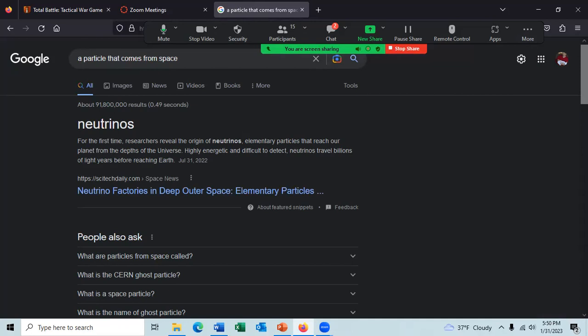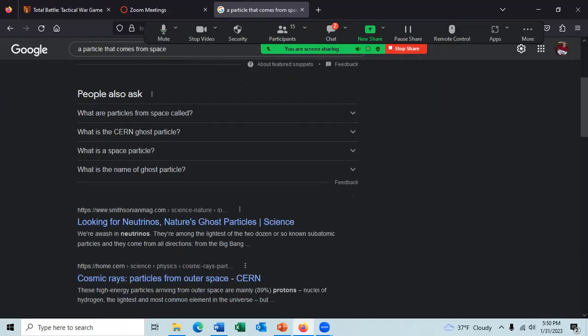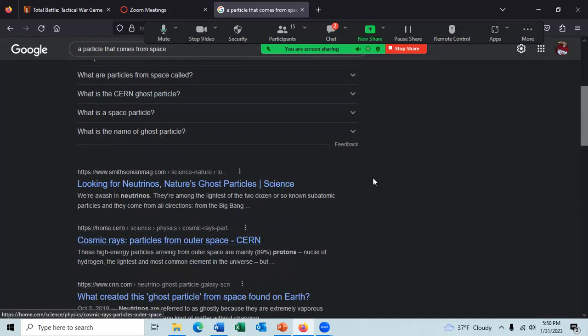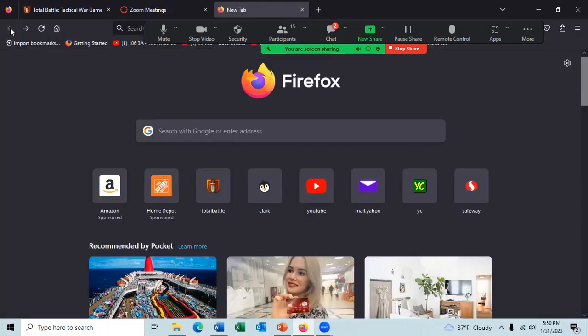That's not what I'm looking for. Cosmic rays. That's the particle I was trying to say. When they hit your molecule of glucose, they can convert it into CO2 and water. I don't know if I should close that down or bring it back. Yeah, I can close that down.